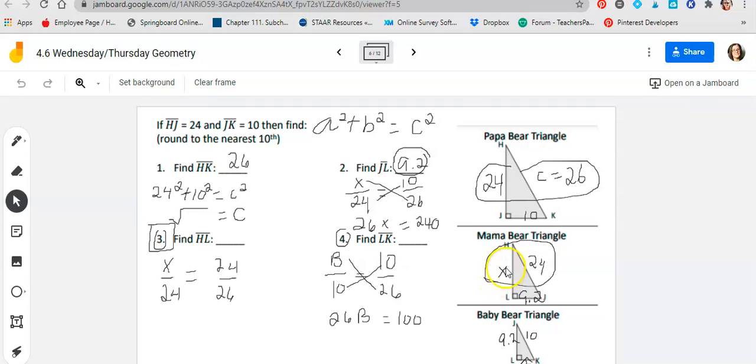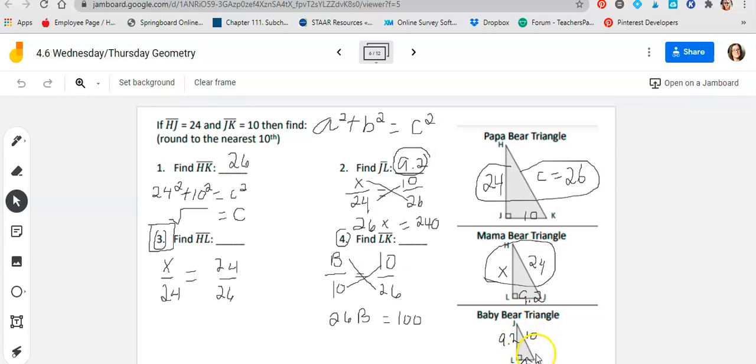So what I did was I said x is to 24, so that's where these two numbers came from, as 24 is to 26. So that's how this side was set up. So then you would cross multiply, you would get 26x equals 24 times 24, whatever that is, and then divide that by 26.